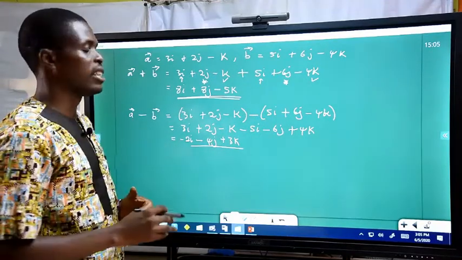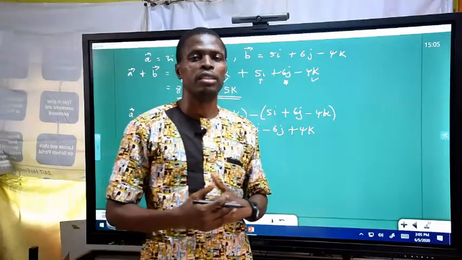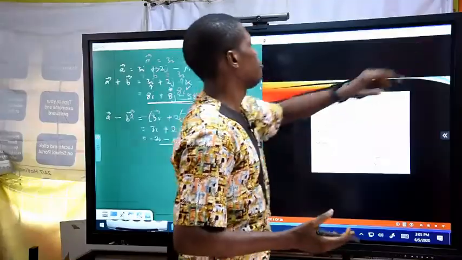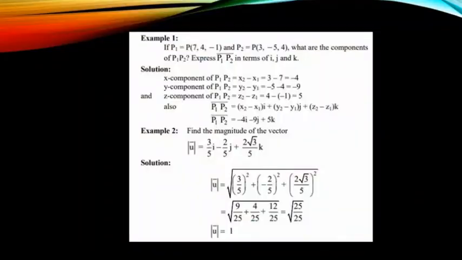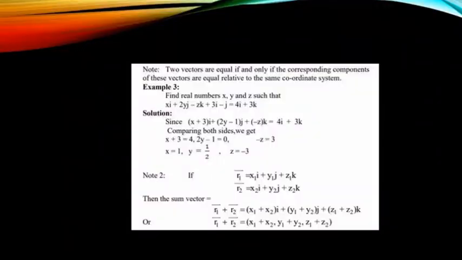So we can also look at the scalar multiplication of two vectors and also what we call the vector multiplication. But based on that, we consider how we can get what we call the unit vector and the component vector, or what we call the modulus of a vector. To find the component, or the unit vector, of a 3D vector, we need to consider the values based on what is given.